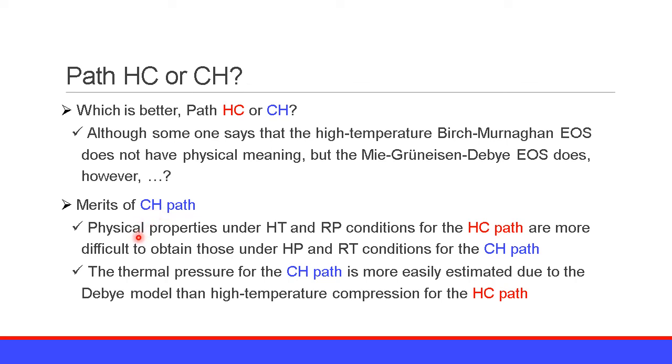The clear reason is that physical properties at high temperature and room pressure conditions for the HC path are very difficult to obtain, because high pressure minerals are unstable at high temperature and room pressure, and we cannot measure physical properties of high temperature, high pressure minerals under such conditions.